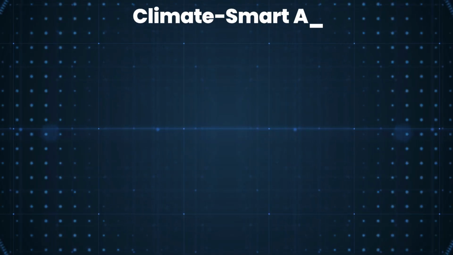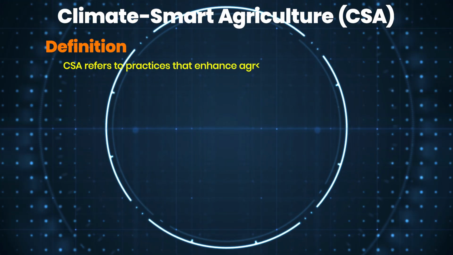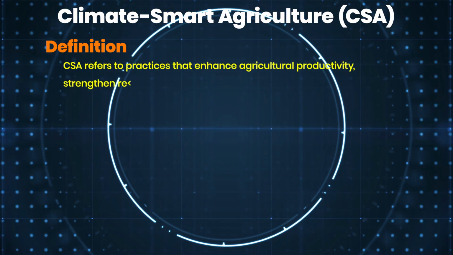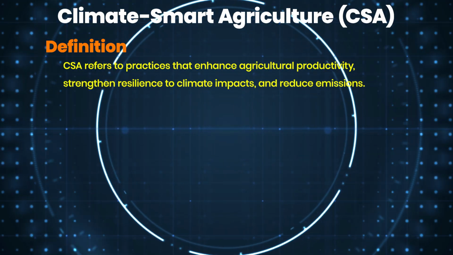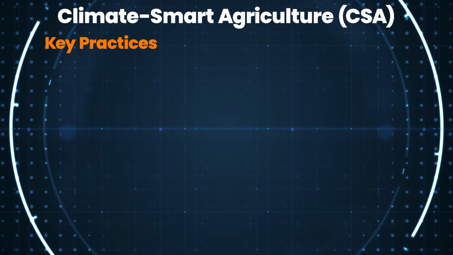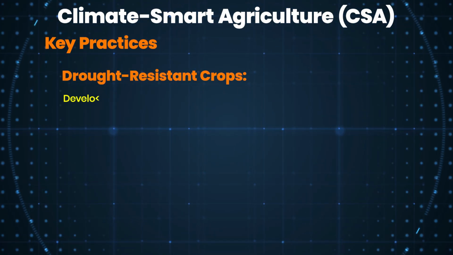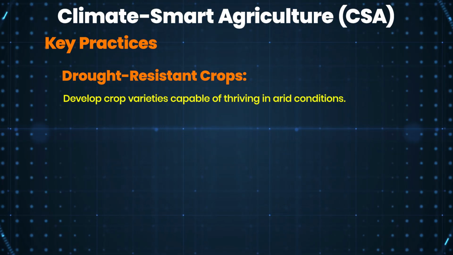Developing climate smart agriculture. This refers to practices that enhance agricultural productivity, strengthen resilience to climate impacts and reduce emissions. The key practices that we are following, number one is drought resistant crops, developing crop varieties capable of thriving in arid conditions.